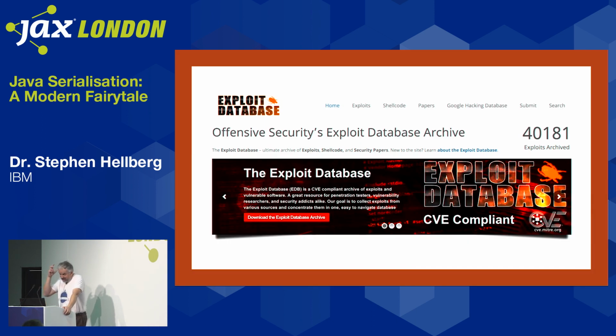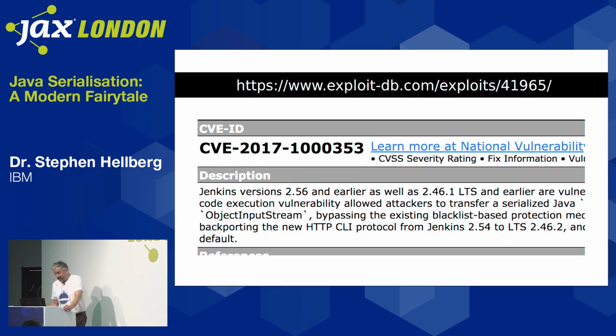So from an exploit perspective, there's databases out there which provide those CVEs. And as I say, the exploit database provided that last example of the Jenkins instance, which is one of the exploits that's in there.